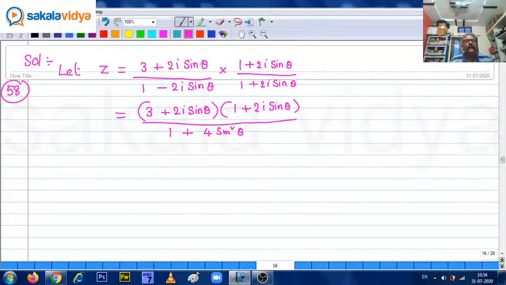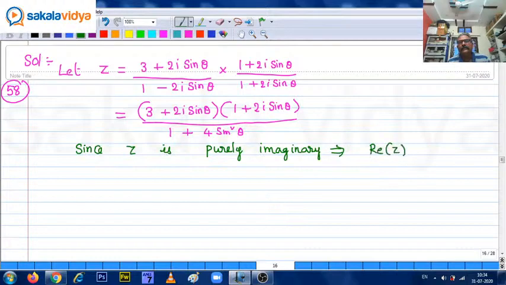But remember one thing, according to the problem, since z is purely imaginary, the real part of z must be 0.